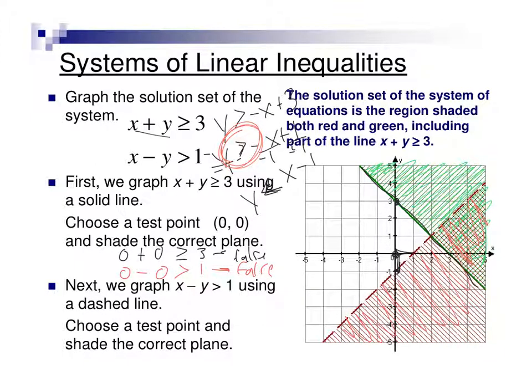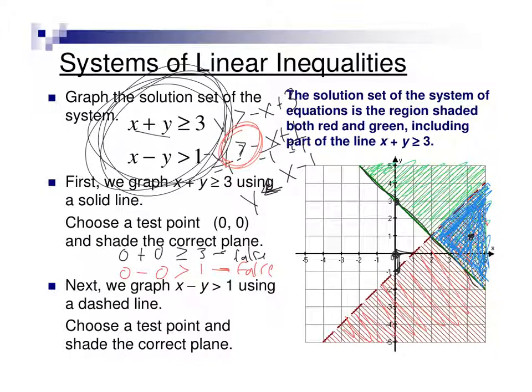Now, this area, and let me do it in blue, this area right here where they overlap is the answer that we're looking for. All the points contained in this little area are solutions to my system. In other words, if I picked this point right here, which is at 4, 1, that satisfies both of my equations.